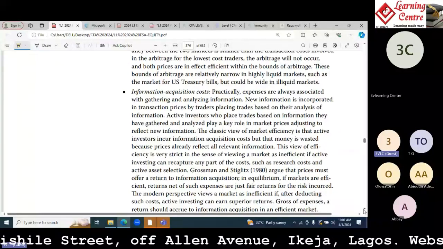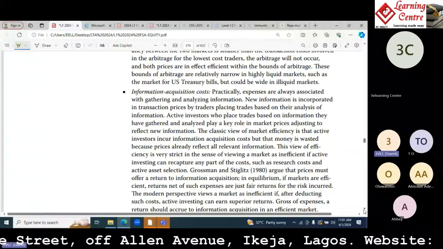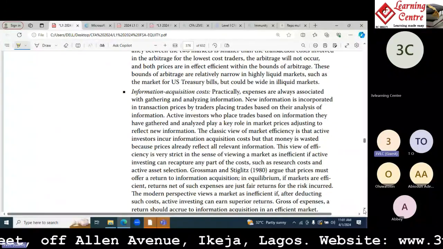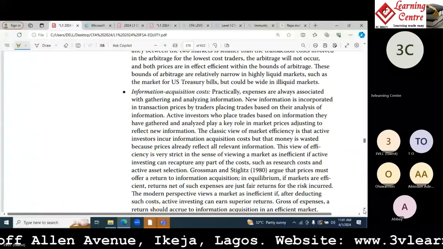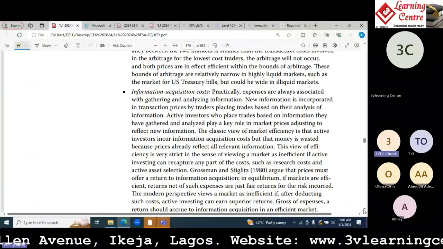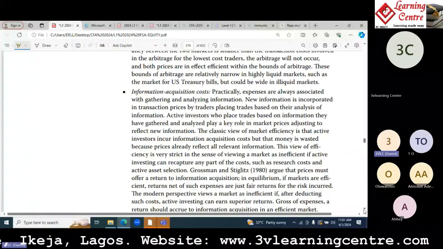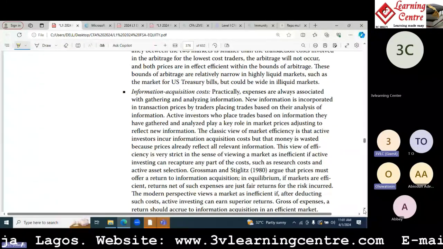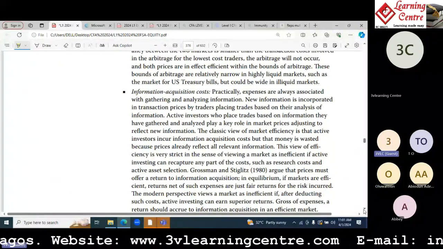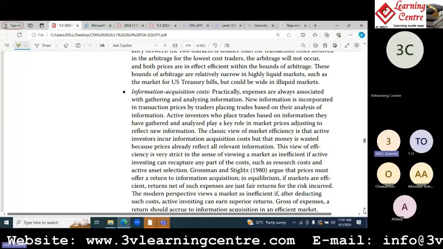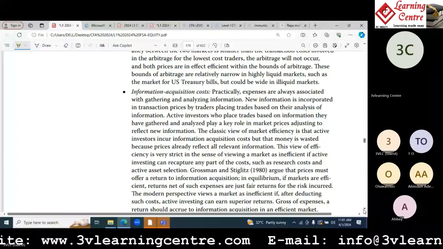So if your information acquisition cost is high, then I might be reluctant to be an active portfolio manager. I might be reluctant to source for such information. I would rather stick to the fact that the market is efficient and the market is giving me the right price.